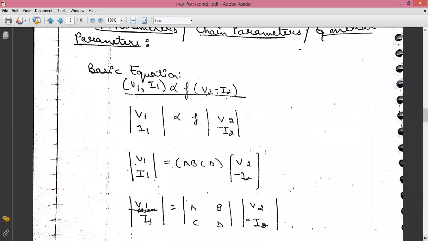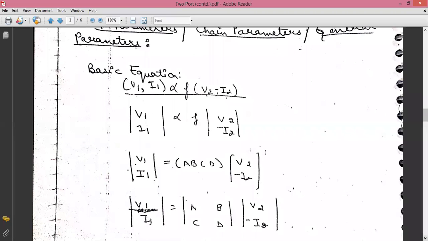So what happens: V1, I1 is equal to the matrix ABCD and V2, minus I2. क्लियर है बच्चे? यहाँ तक इस स्टेप तक क्लियर है सबको? Yes, sir.